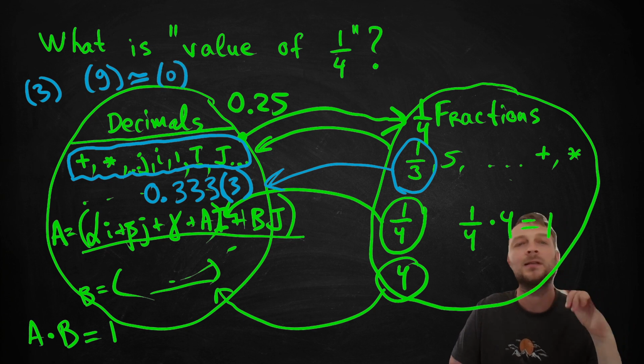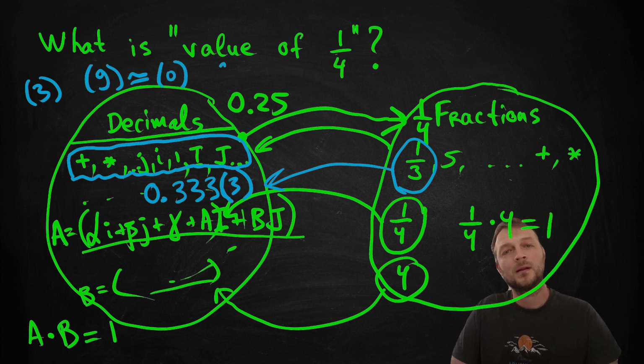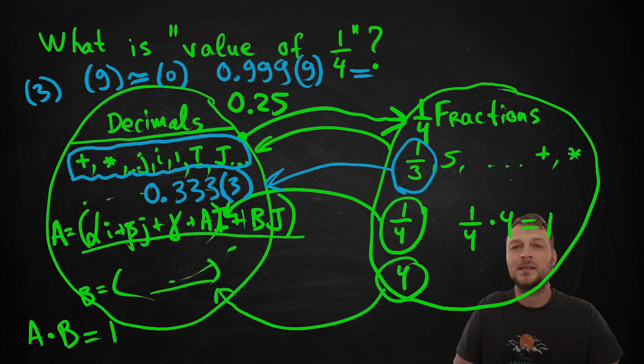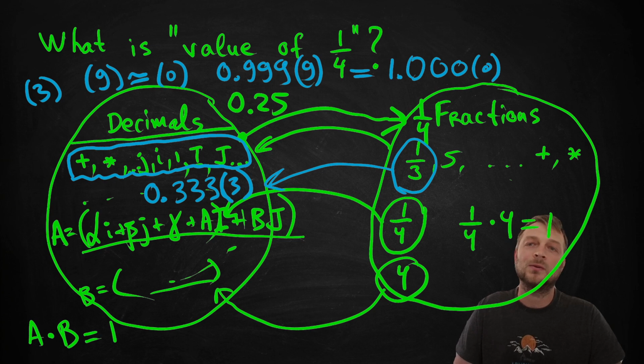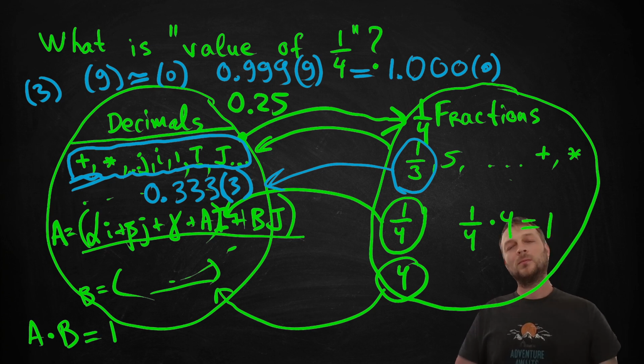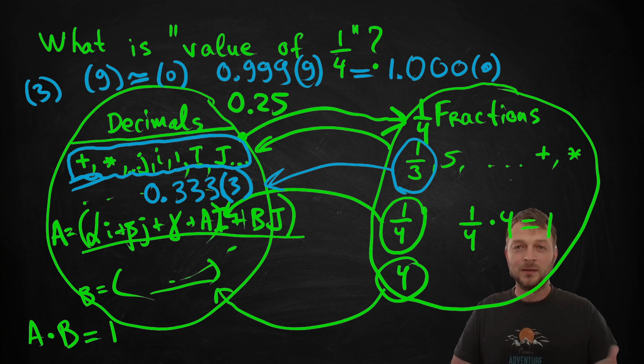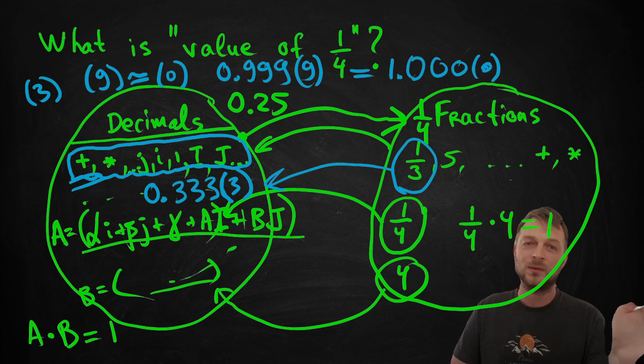So we have 0.999 and 9 is the same as 1.000 etc. and 0. So we can interpret this as a change of axioms, from base 10 to base 9.